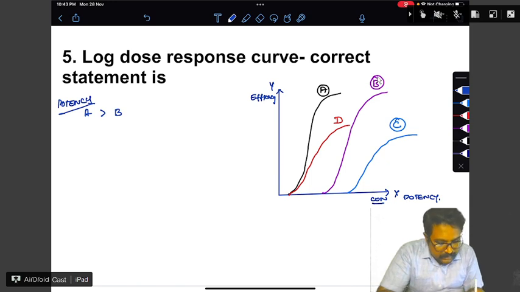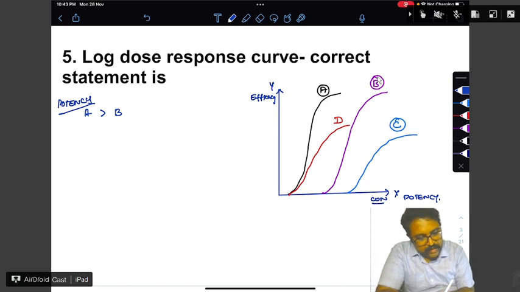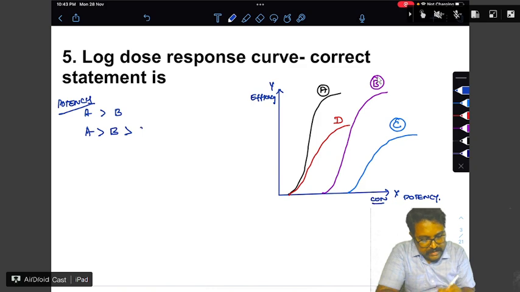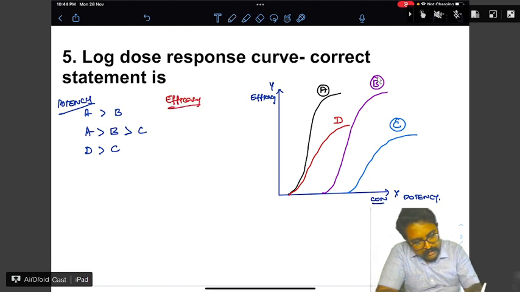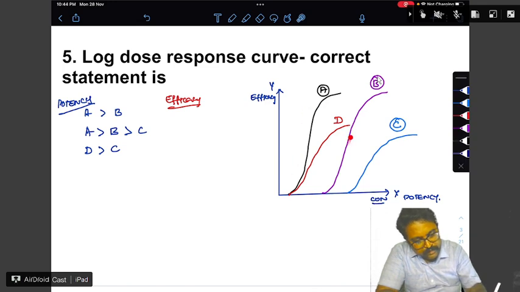Let us take the potency with respect to C. A is more potent than B, but B is more potent than C. And the drug D is more potent than the drug C. When we talk about efficacy, it is measured in terms of the height of the response. Which of the drugs has got more height?